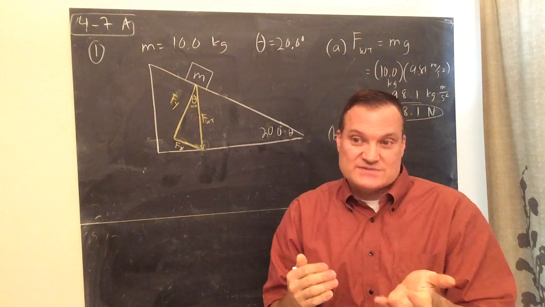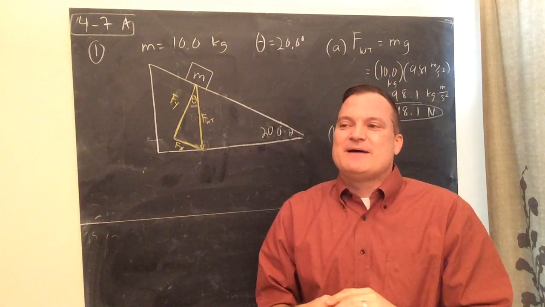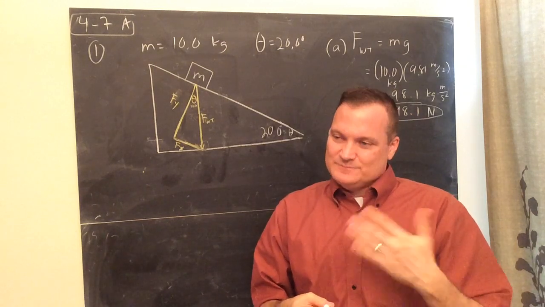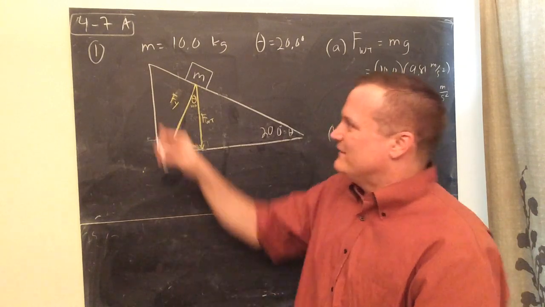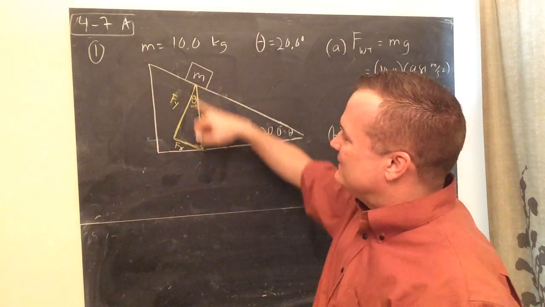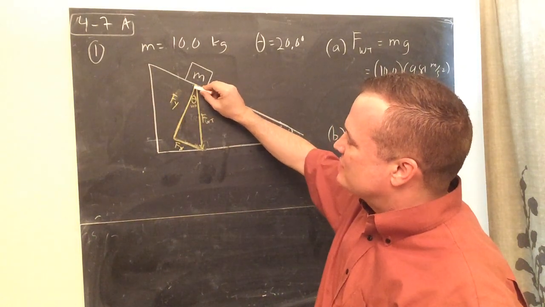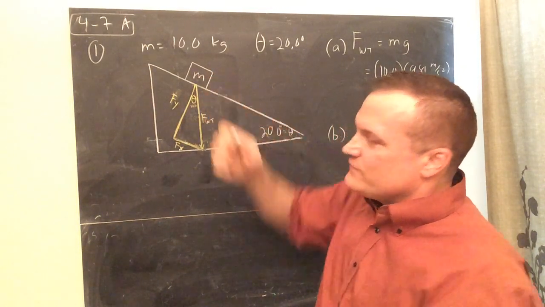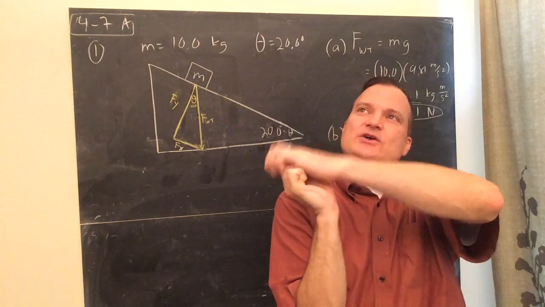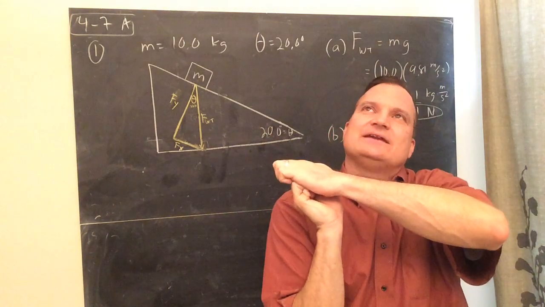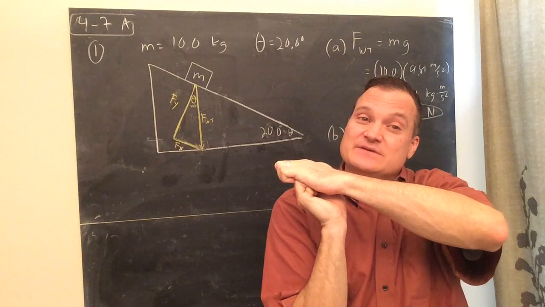The support force, you think about it, is part of what would have been your weight going down, and it's this component. I don't know if you can tell that or not. So when two objects are in contact, the force between those two objects is the normal force.